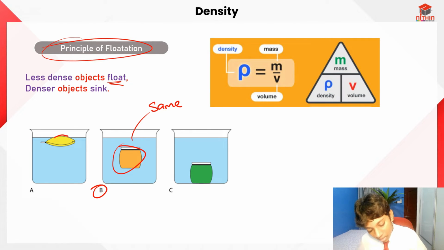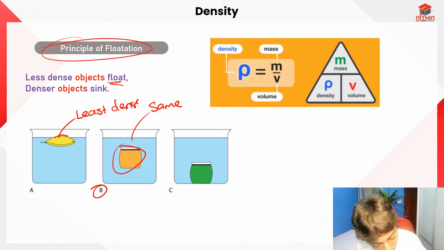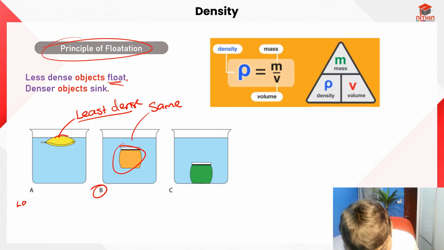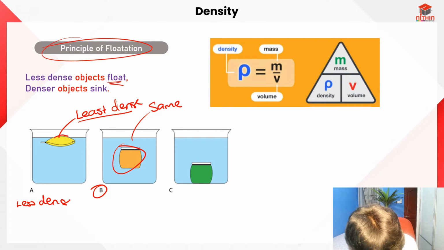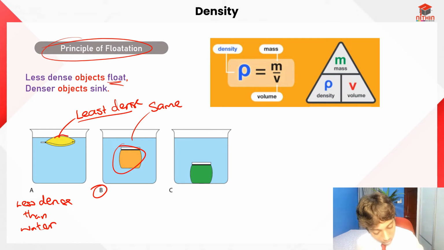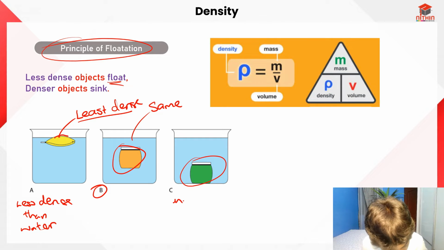So basically this is least dense, it is less dense than water. Let me write that down. Less dense than water. And for C, it's fully submerged and it's sunk, so basically it is more dense than water.